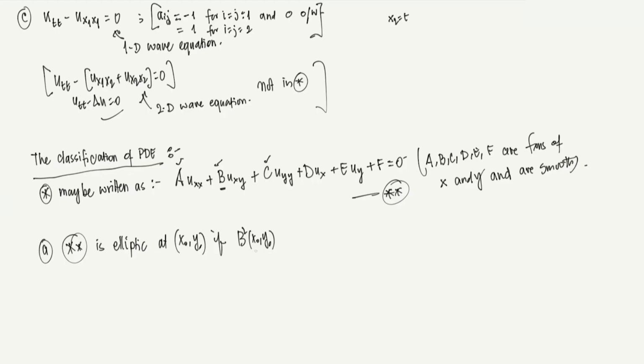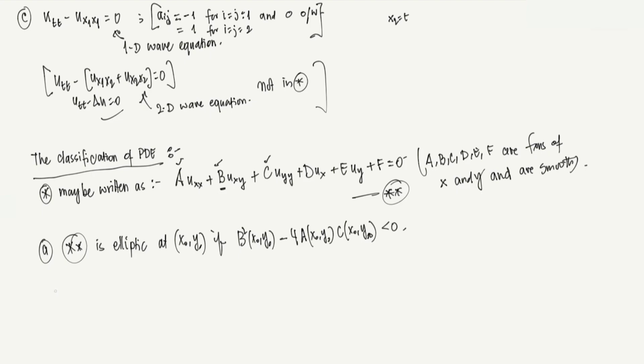You take that and square it, minus 4 times a at (x naught, y naught) times c at (x naught, y naught), is going to be negative. Okay, so then you have an elliptic equation at that point.